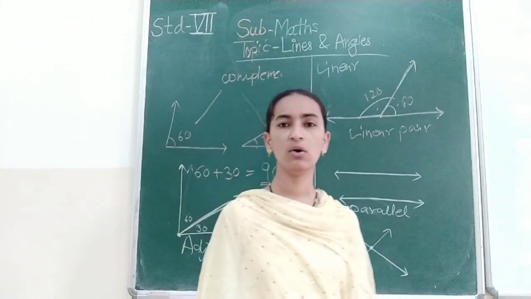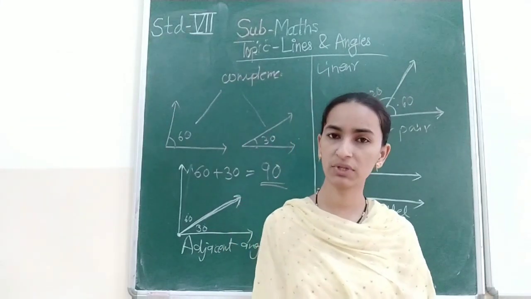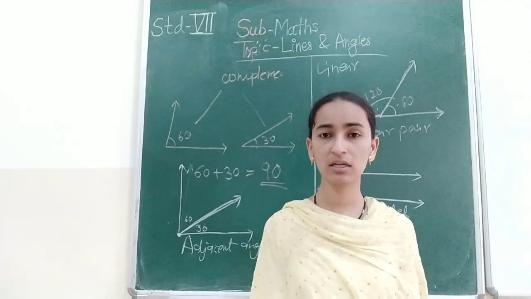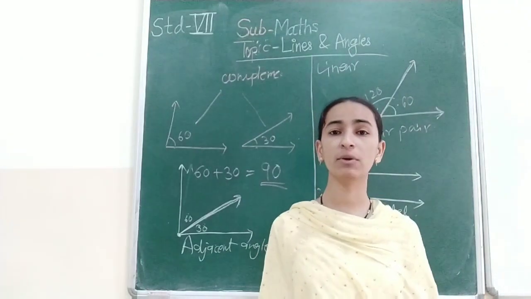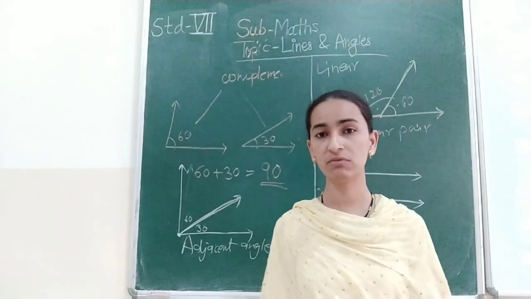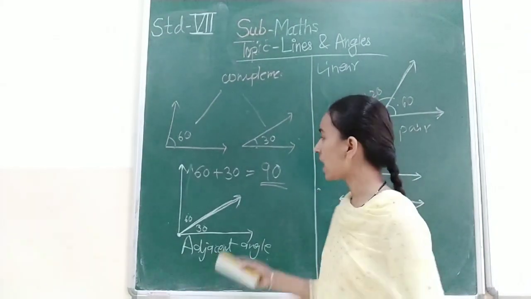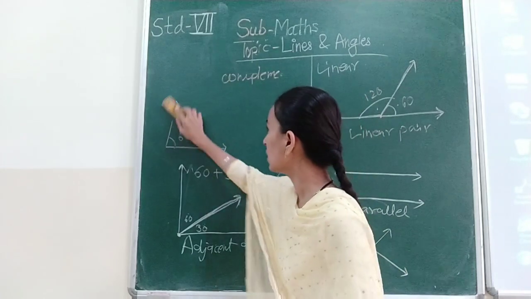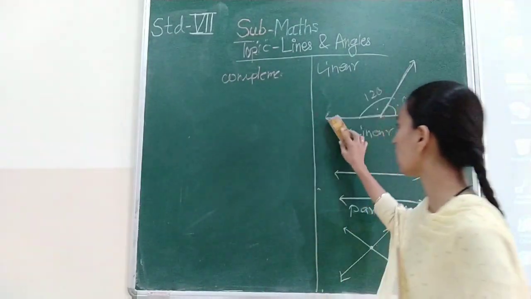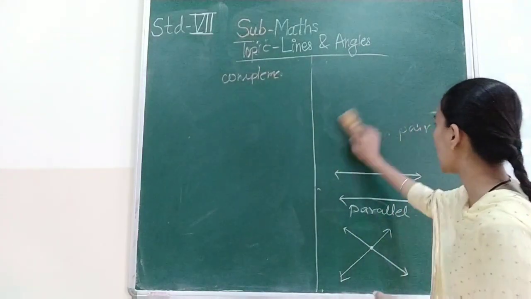Now I think you all are familiar with acute angle, obtuse angle, right angle. And what is the meaning of reflex angle? Reflex angle means the angle which is greater than 180. If an angle is greater than 180, then that angle is called a reflex angle.